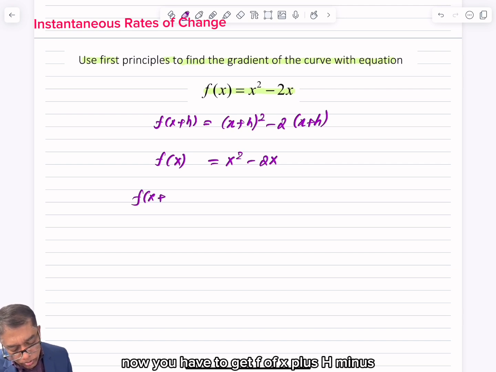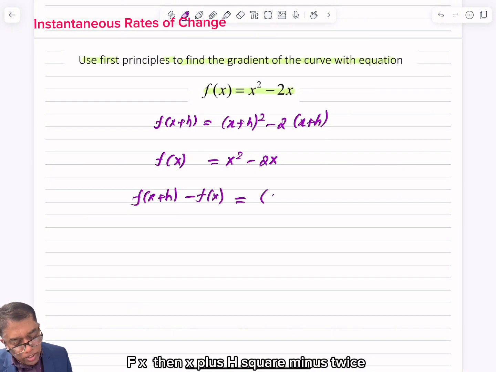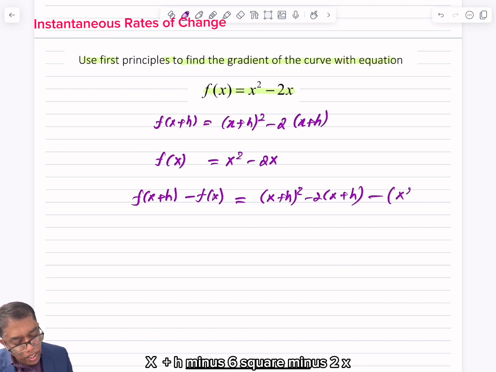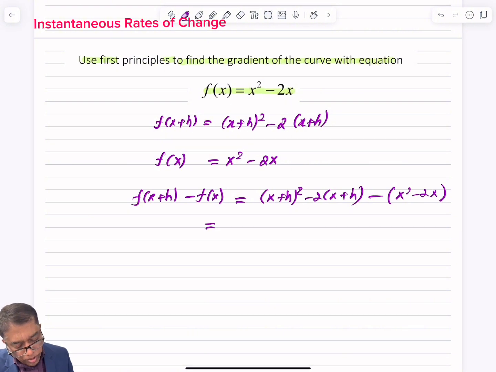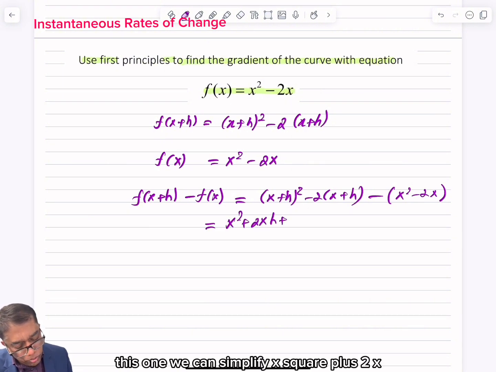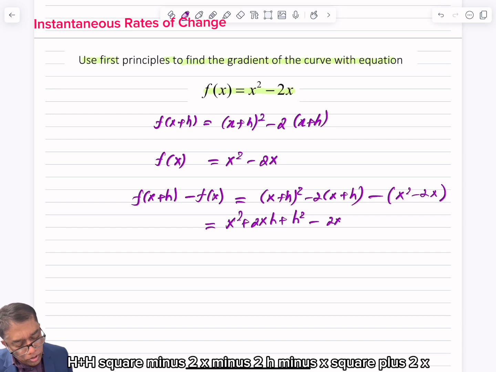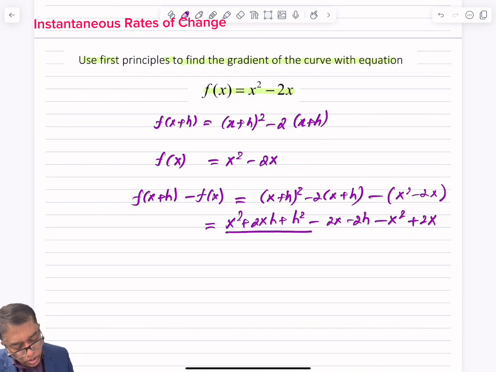Now we have to get f(x plus h) minus f(x): (x plus h) squared minus twice (x plus h) minus (x squared minus 2x). This we can simplify: x squared plus 2xh plus h squared minus 2x minus 2h minus x squared plus 2x.